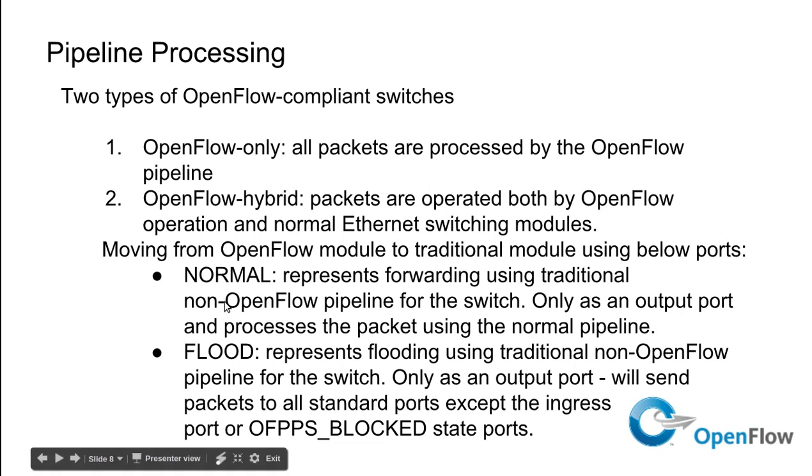The normal port is, as the name mentions, only used for the normal operation of forwarding, and in the flood port we basically send the packet to all ports of the switch except the one that it came in, basically the ingress port. Sorry.